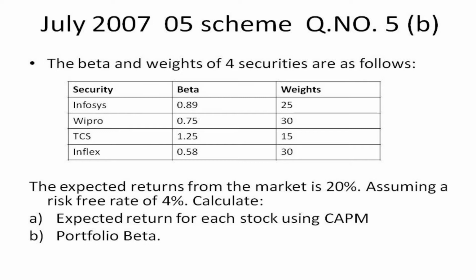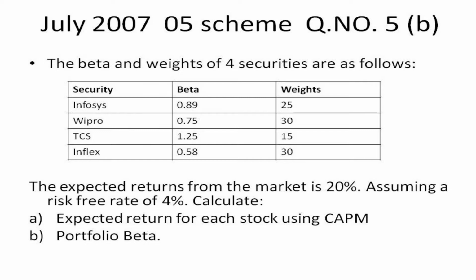Go through that. The betas and the weights of 4 securities are as follows. They have given the table of security, beta and weights: Infosys, Wipro, TCS, Inflex. Betas are 0.89, 0.75, 1.25, 0.58.